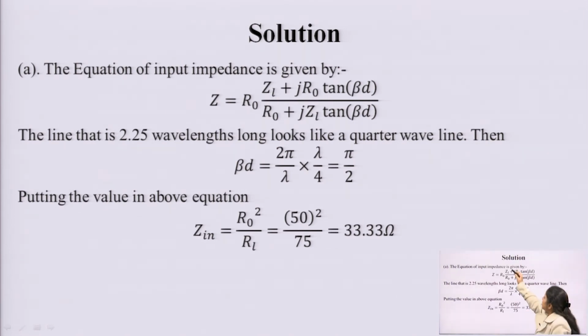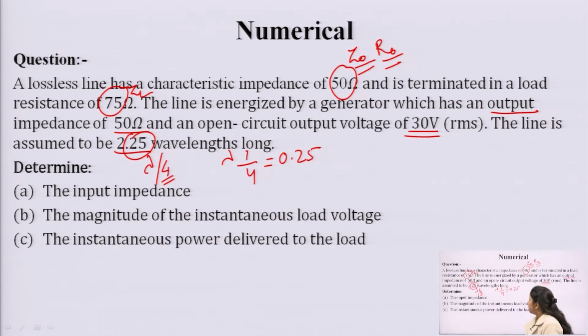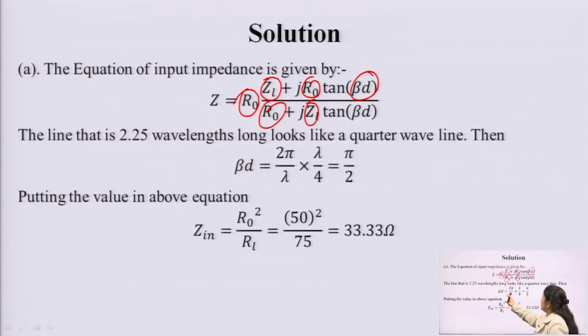Now, ZL is known to us, R naught is known to us. So, first of all we will calculate beta d. Beta d is 2 pi by lambda times d, and as I have told you, d will be equal to lambda by 4. When we solve it, lambda cancels lambda, 2 cancels 2, and this gives pi by 2.